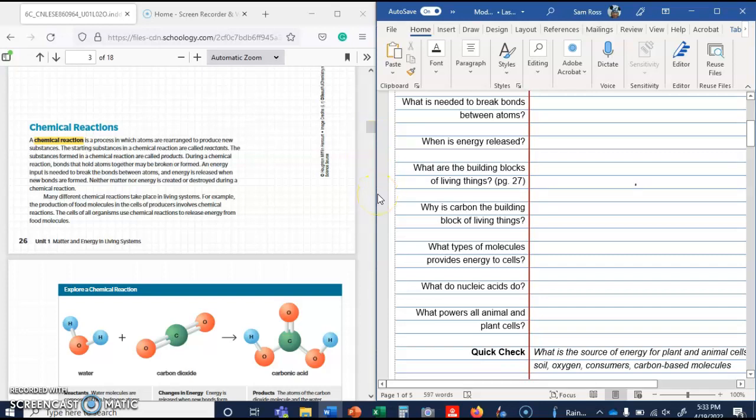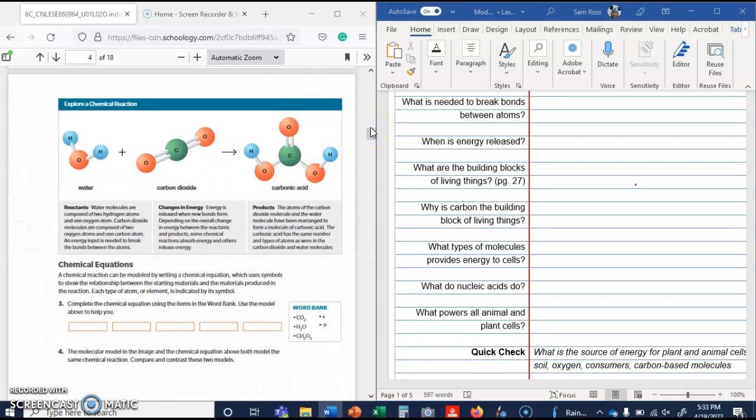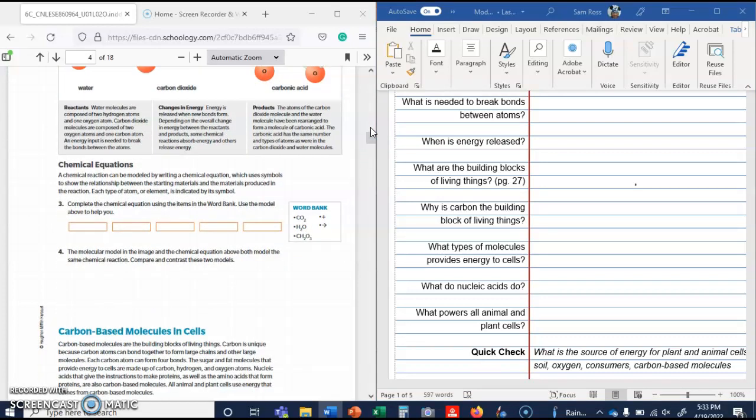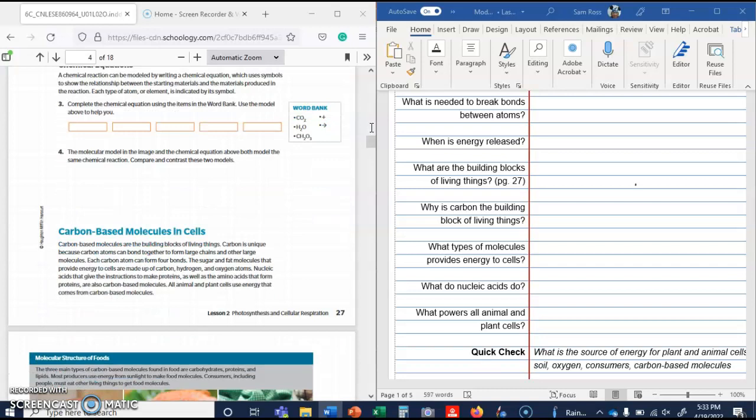What are the building blocks of living things? Oh, that's on page 27. So we're on page 26 as shown here. Let's go ahead and go down here. Building blocks of living things. Carbon-based molecules are the building blocks of living things. Why is carbon the building block of living things?